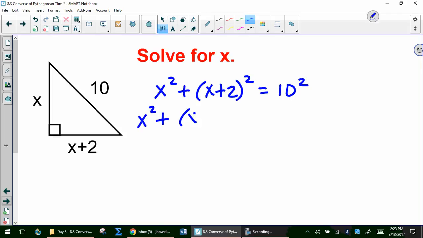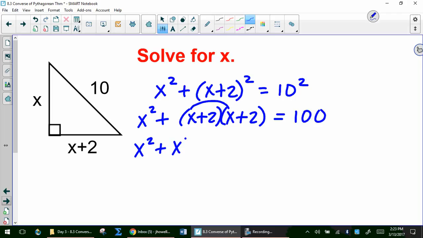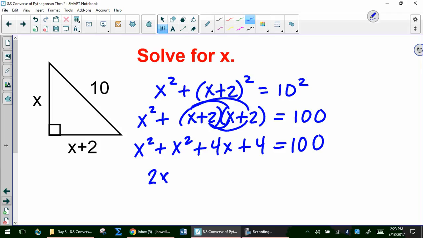Remember, you have to expand and multiply and use the FOIL method here. So we'll have our first terms, outer terms, inner terms, last terms equal 100. So we have 2x squared plus 4x plus 4 equals 100.